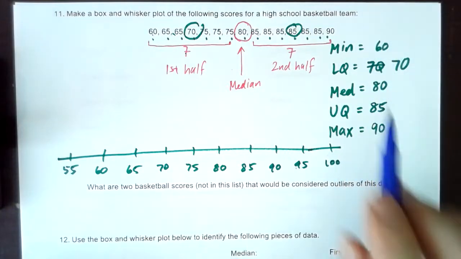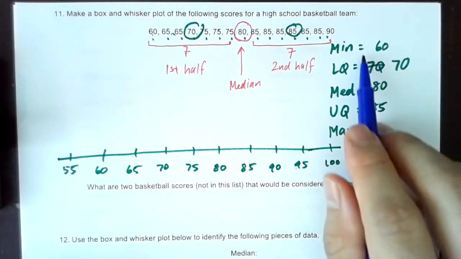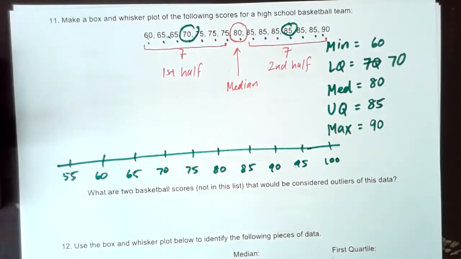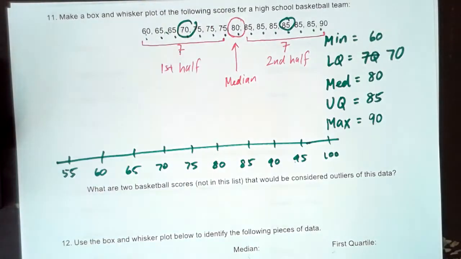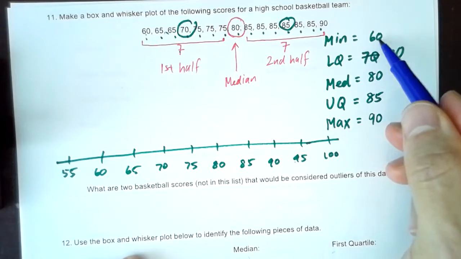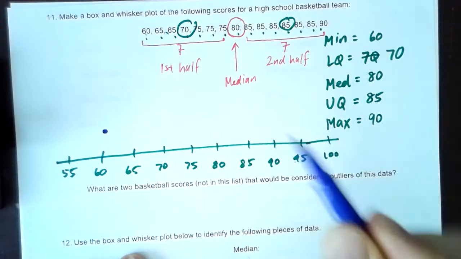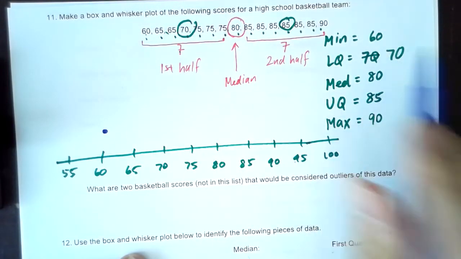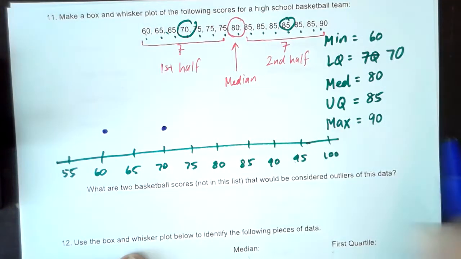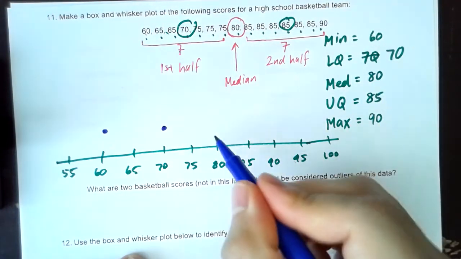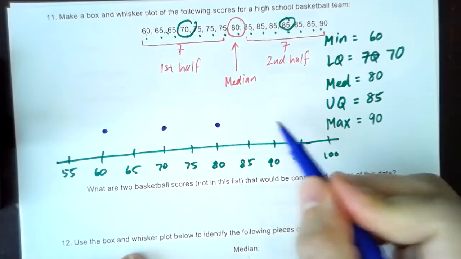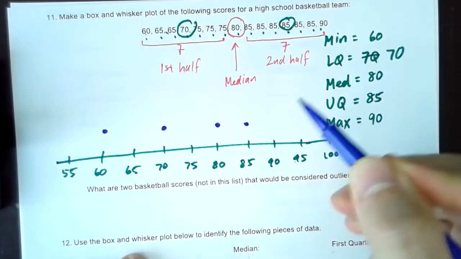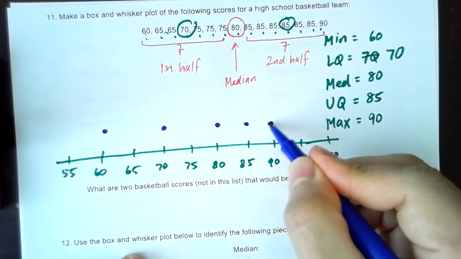Okay, and then you start plotting these points, right? Just like what we've seen here, you start plotting the points for the box and whisker plot. So we know that our minimum is 60. We know the lower quartile is 70. We know the median is 80. Upper quartile is 85. And the maximum is 90.